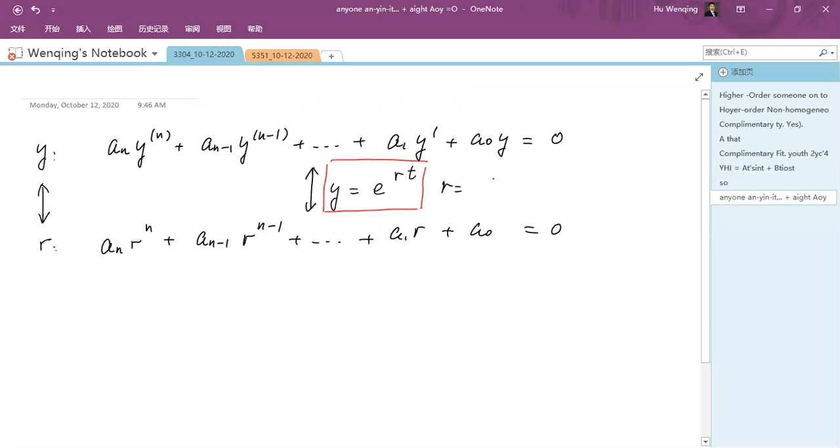So r is actually equal to the logarithm of y, divided by t. So you have the mutual relations between y and r. Basically, in order to solve this differential equation, you're solving this algebraic equation on the r side.